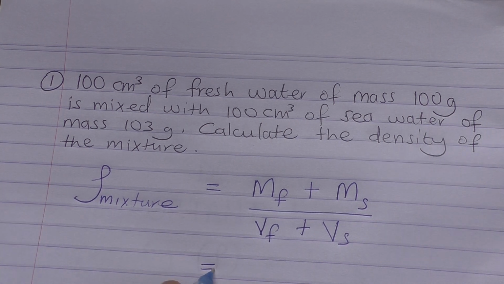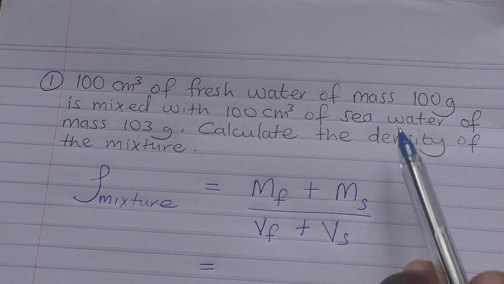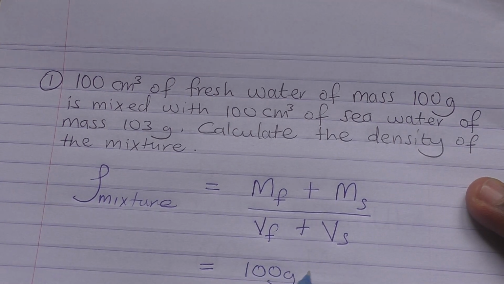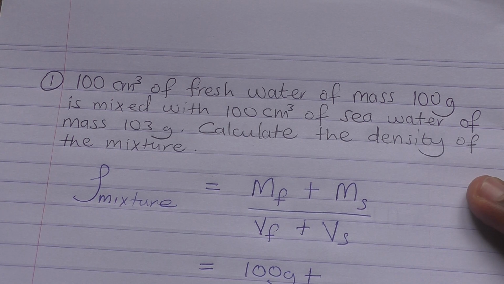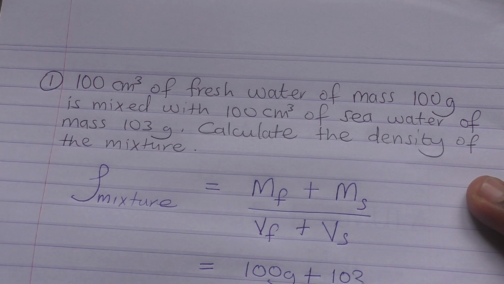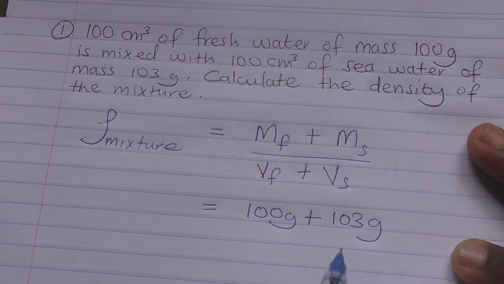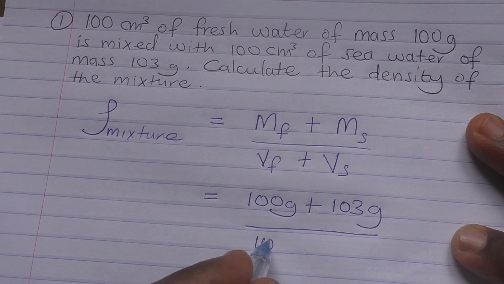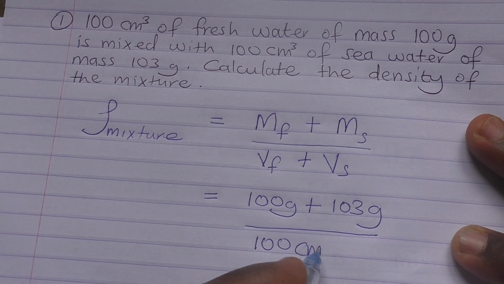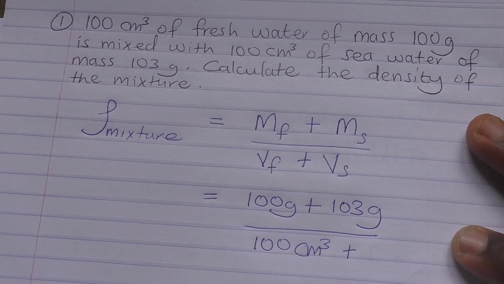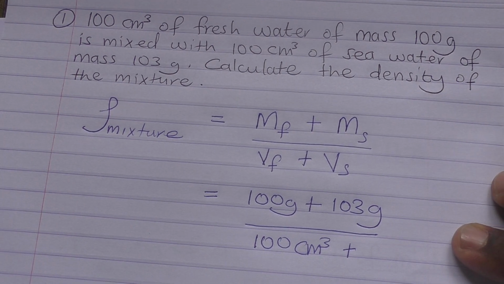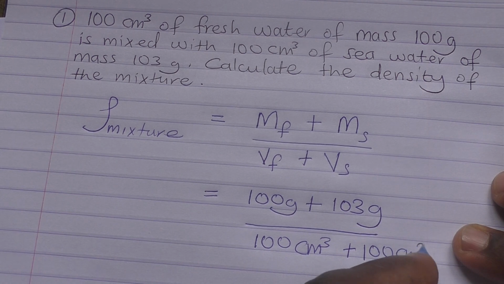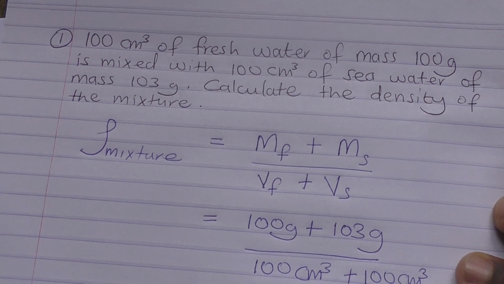Therefore, we have the mass of the fresh water as 100 grams plus the mass of seawater as 103 grams over the volume of fresh water, which is 100 cubic centimeters, plus the volume of the seawater, which is still 100 cubic centimeters. These are given in the question.